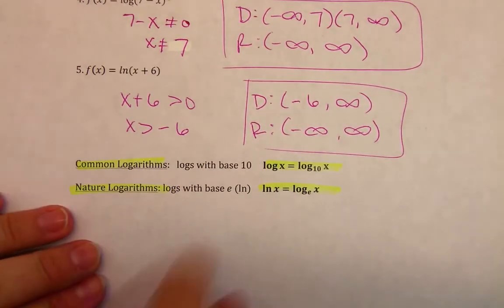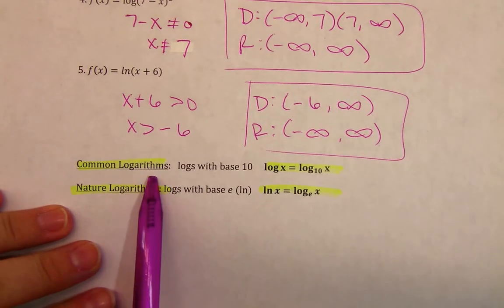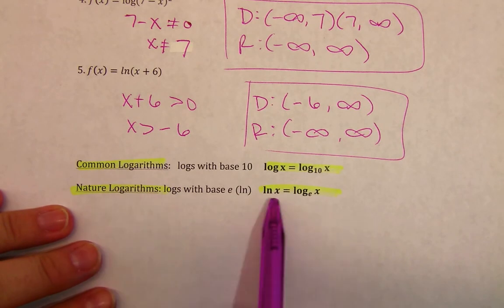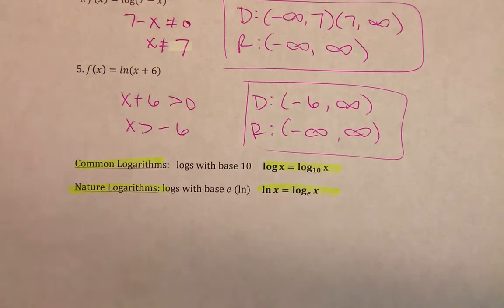Now for these last little notes here, again, just a reminder, the term common logarithms just means base 10. And natural logarithms, you've seen ln x, that's just with a base e. All right? And that is the end of Chapter 3, Section 2.